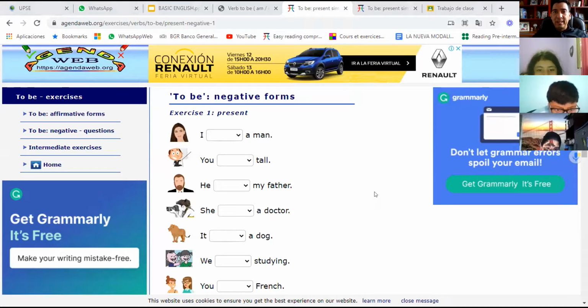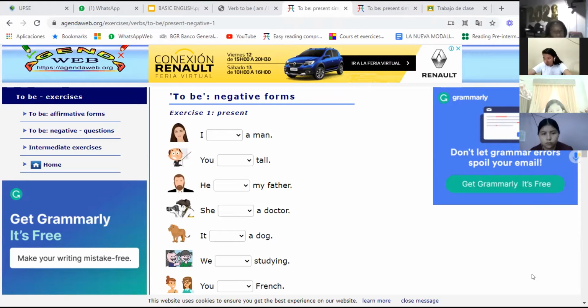So check the chat again, and let's practice the conjugation of the verb be in negative, all right? I am going to do the first one. You have the link, Felix, Leah, Natasha, Maria, Mayerly.